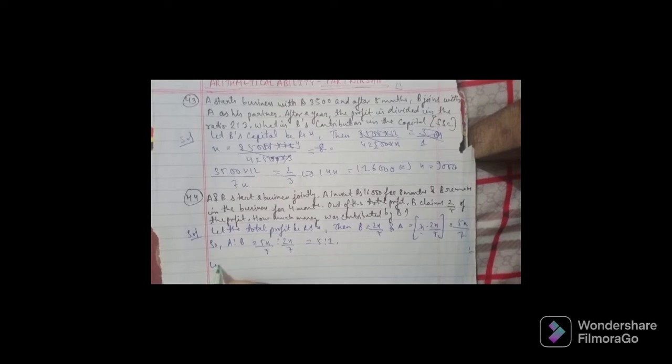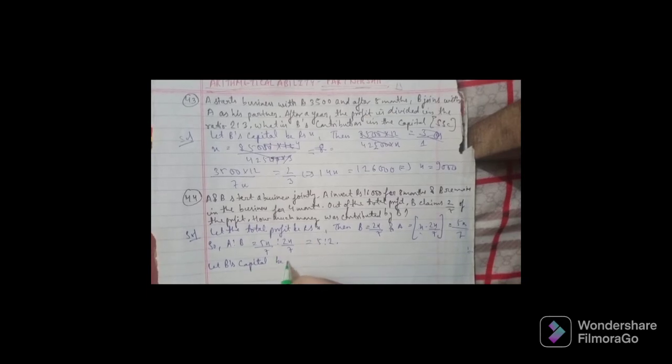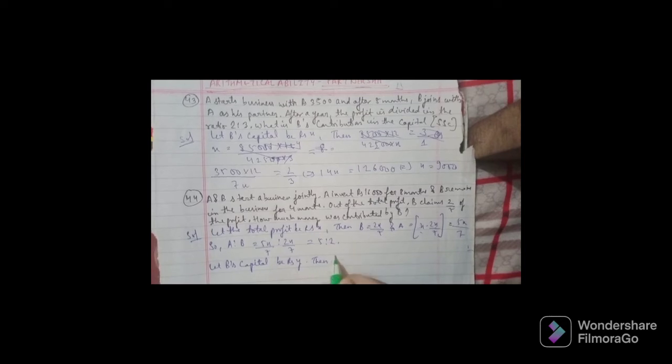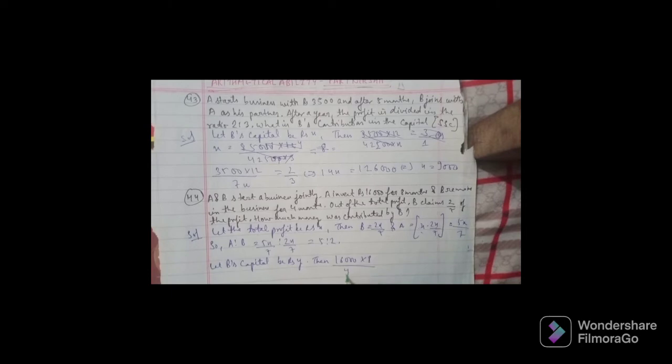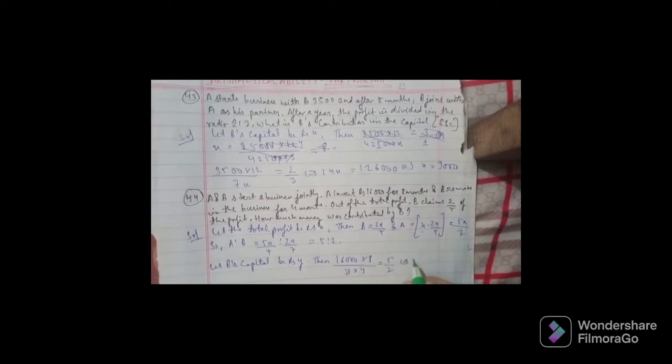Let B's capital be rupees Y, then 16,000 into 8 upon Y into 4 equals 5 by 2. Further, Y equals 16,000 into 8 into 2 upon 5 into 4.